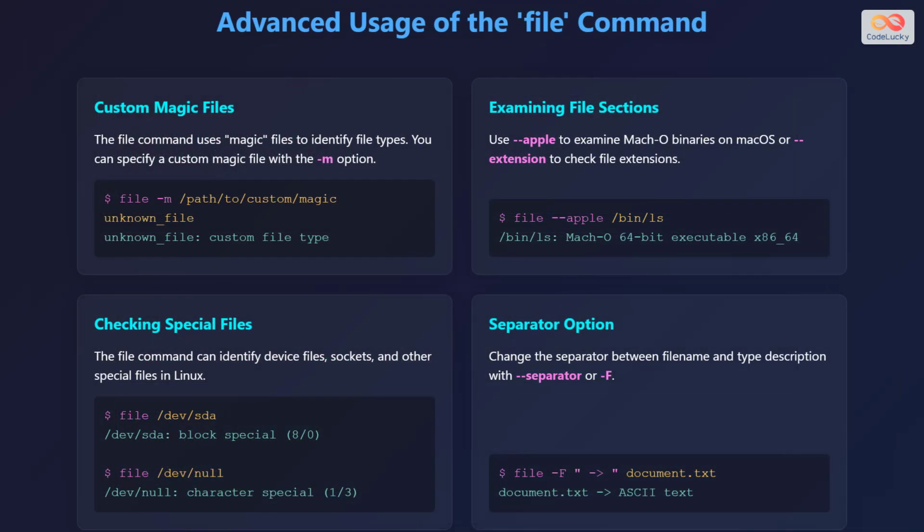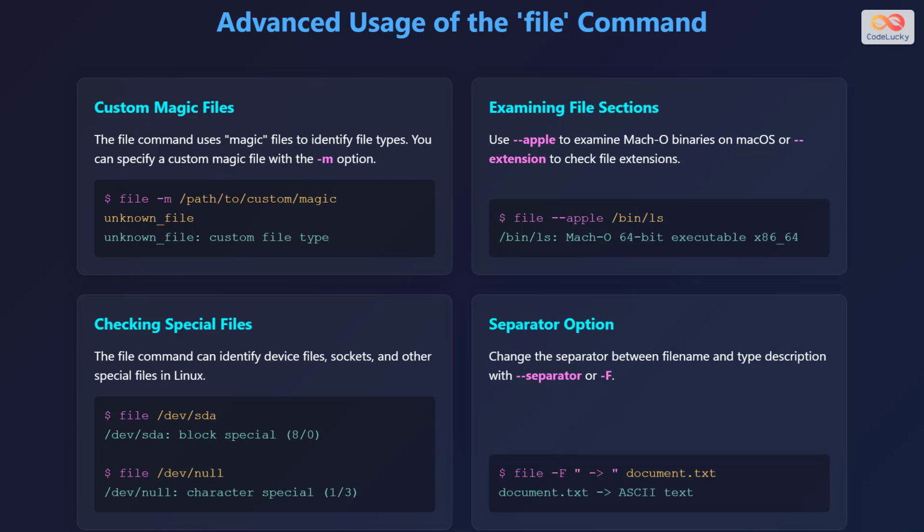Let's explore some advanced uses of the file command. You can specify a custom magic file with the -m option. The file command uses magic files to identify file types. For example, file -m /path/to/custom/magic unknown_file will output custom file type.